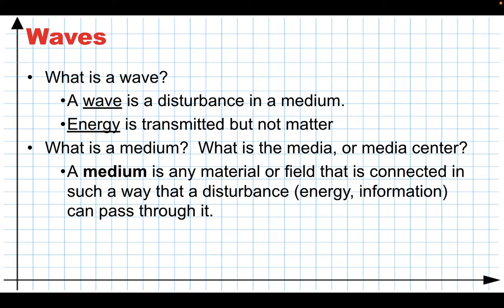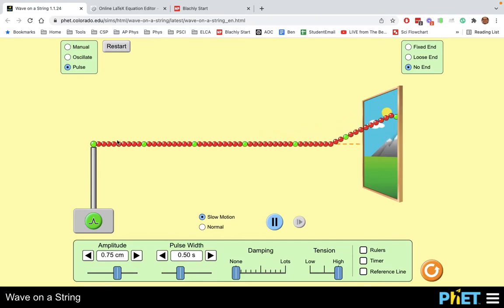So the media is what we call the connected system that allows information to pass. And so the media center used to be where you would go if you wanted to figure out some information. Nowadays we just go to Google, but that's how we use the word media. Okay, so a medium is anything through which a disturbance or information or energy can pass without transmitting matter.